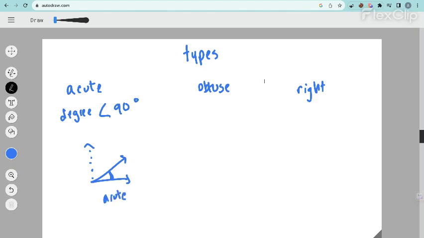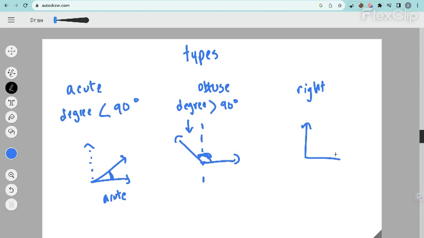As you've probably guessed by now, an obtuse angle is just any angle that is larger than 90 degrees. So if the 90 degree line goes down here, since this is larger, this obviously has to be an obtuse angle. So it'd be a degree that's greater than 90 degrees. The final thing is right angles.